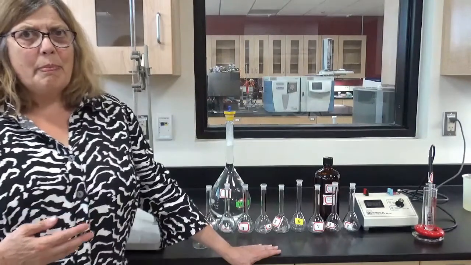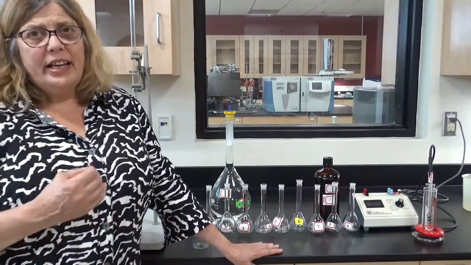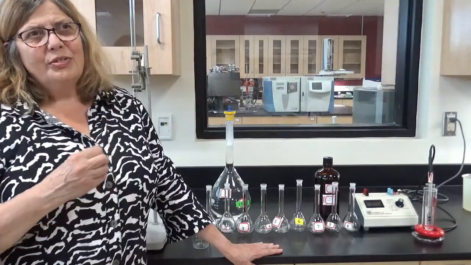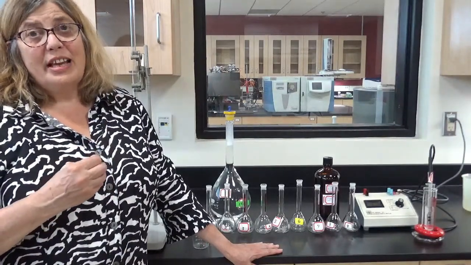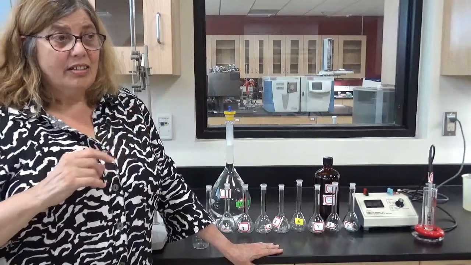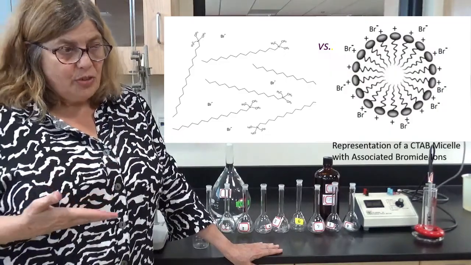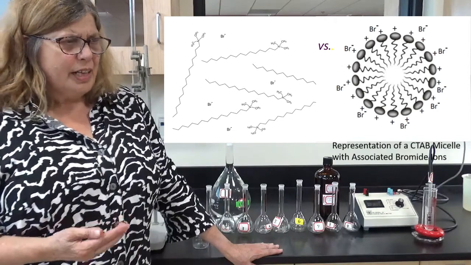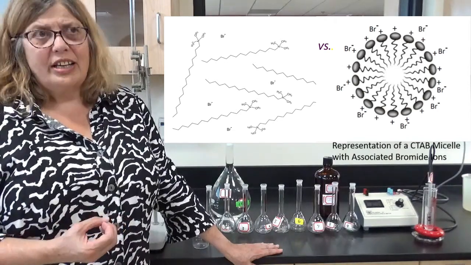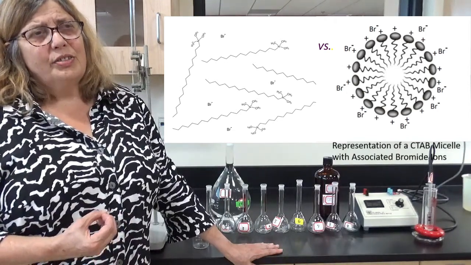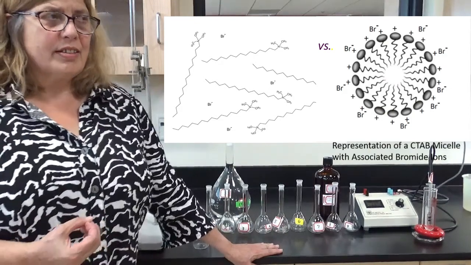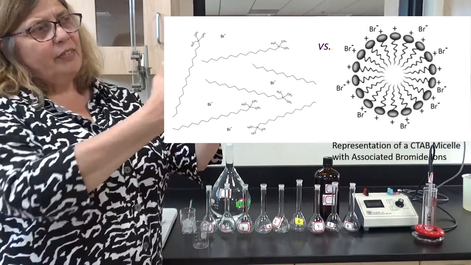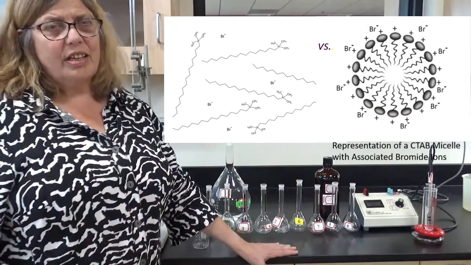Now, once you get to the critical micelle concentration and you get this aggregation, you don't have the same steep increase in conductivity as you increase the concentration of the CTAB. And that's because you have this aggregation that goes on. A lot of those bromides are attached to the micelle, kind of associated with it, and fewer of them are actually dissociated.